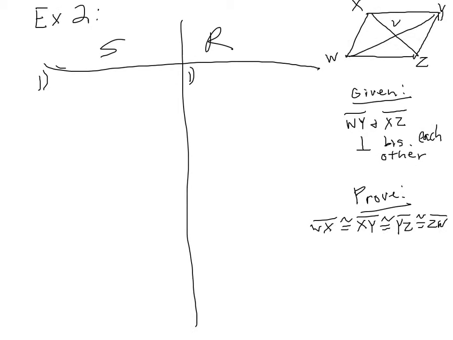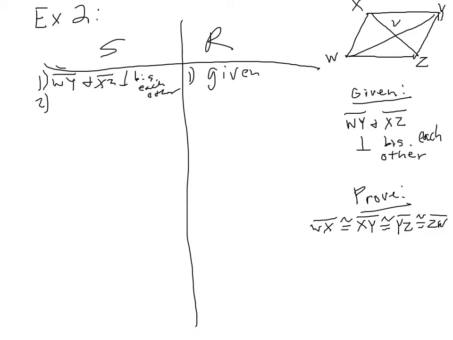Example 2 says that WY and XZ are perpendicular bisectors to each other. And that's given to us by the given.